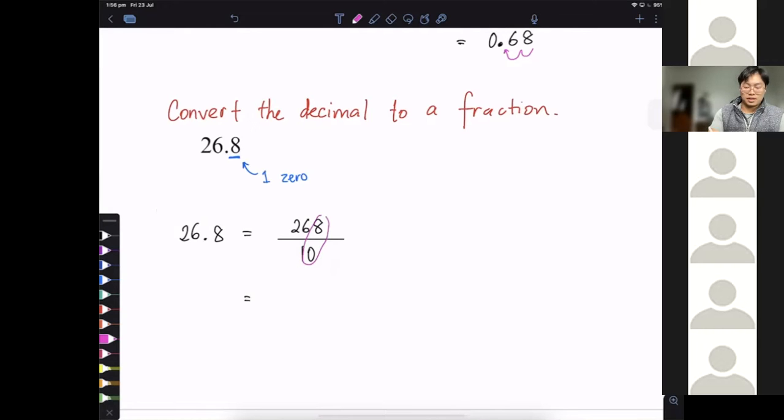Have a look at the numbers there. What do you see at the end there? An 8 and a 0. Yep. So what can you divide it by, if it's these two numbers?